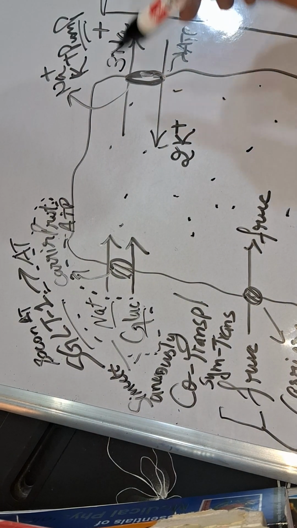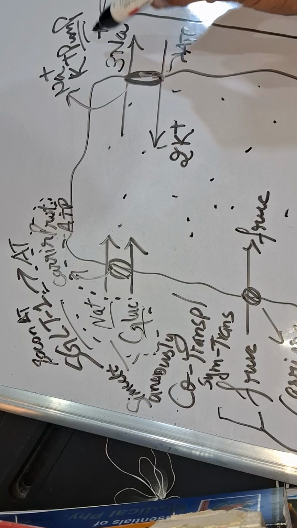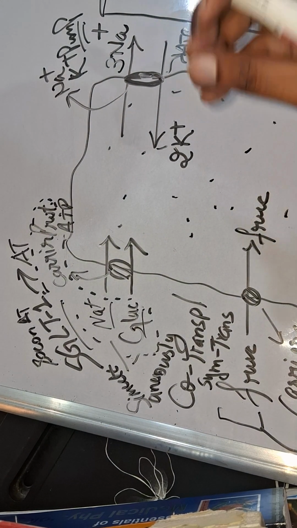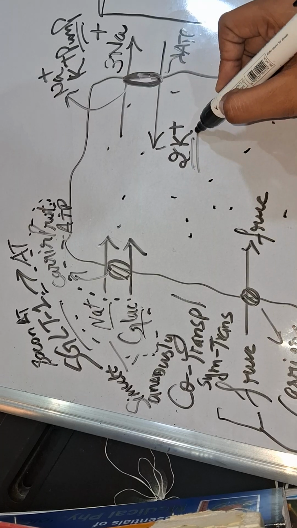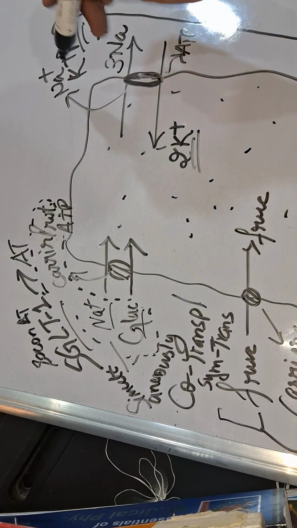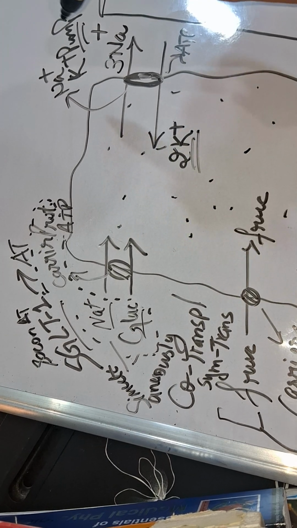Three sodium ions move outward, while two potassium ions move inward. Okay, this is a pump, the sodium potassium pump, as an example of the secondary active transport.